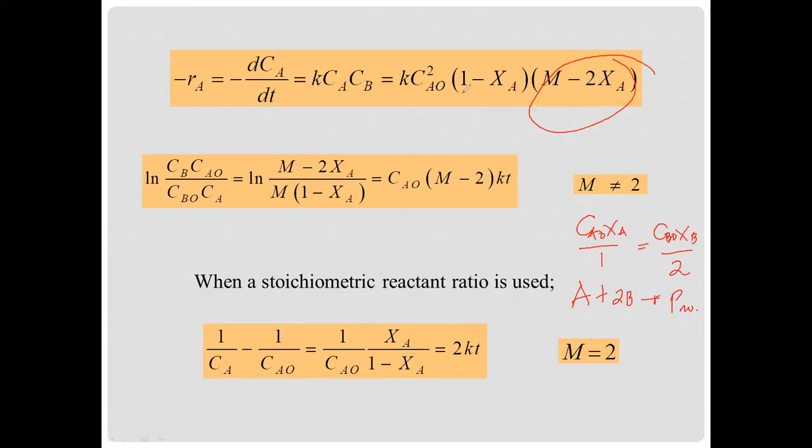You separate variables, you transfer these two in here. After you have changed the dCA dt to CAO dXA dt, then use the method of partial fractions. You will have this particular answer for your integral after you have evaluated it already.